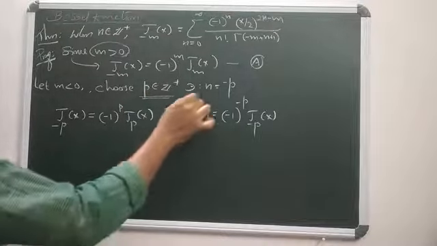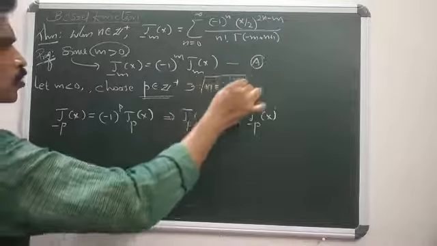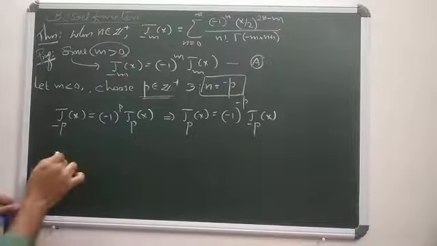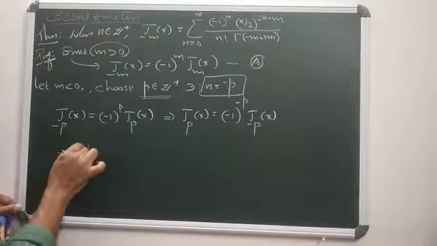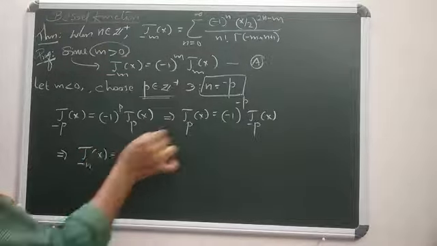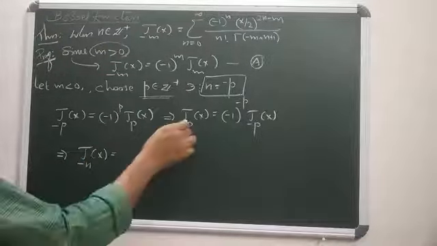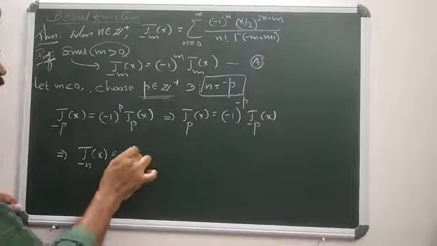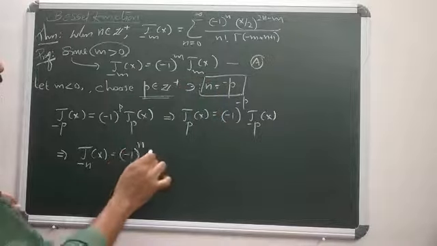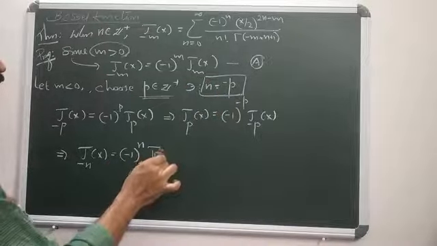According to this choice, we choose p as a positive integer with n equal to minus p. Since p is minus n, this result becomes J_{-n}(x): you can replace p by minus n. J_{-n}(x) equals (-1)^n J_n(x).